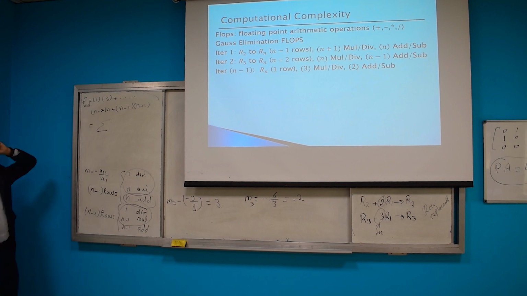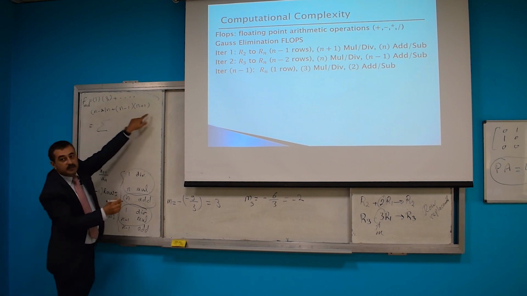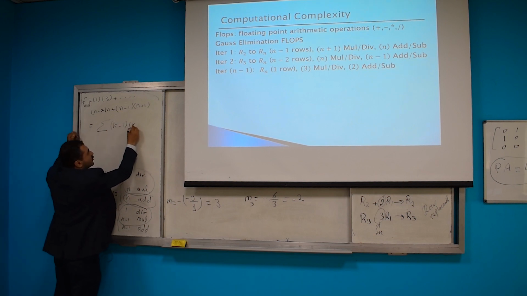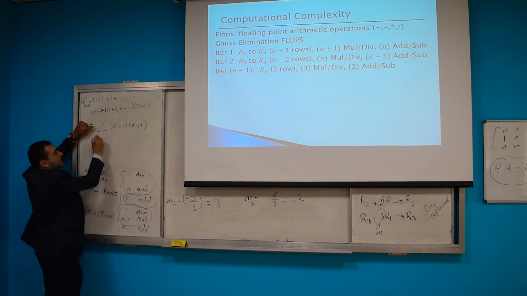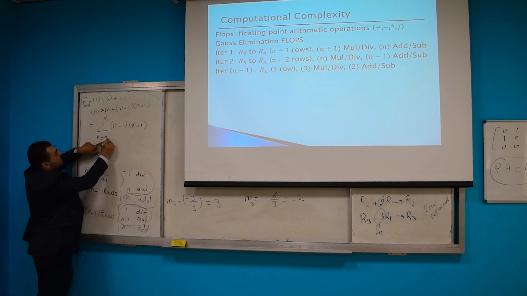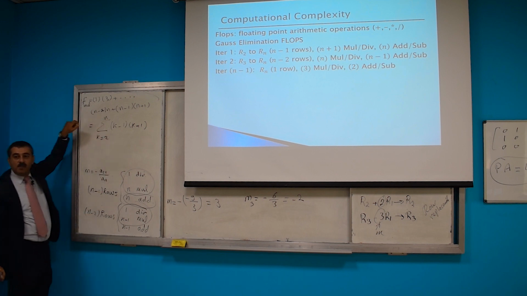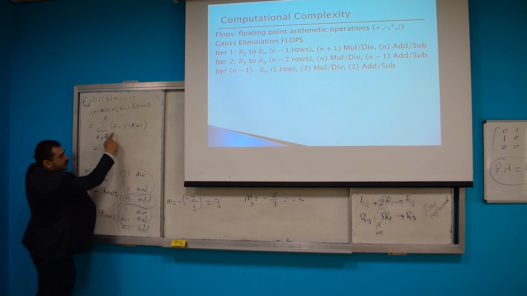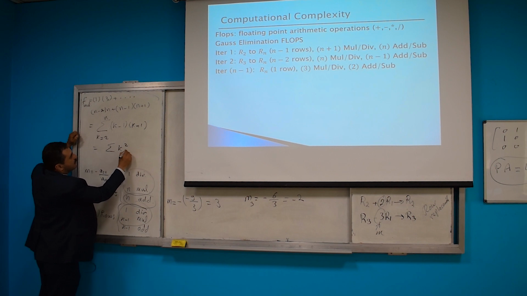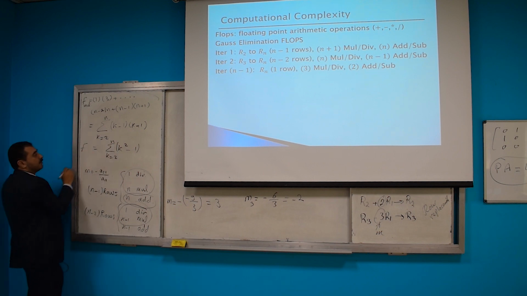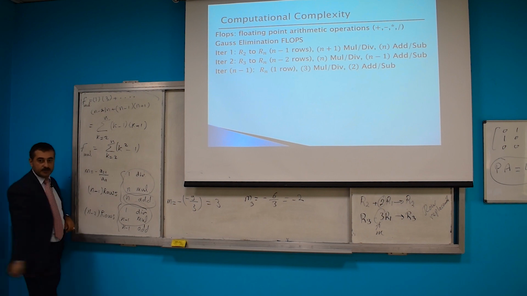This summation, we write the general term in terms of another variable, k minus 1 times k plus 1, starting from k equal to 2 up to n. This can be written as summation of k squared minus 1.